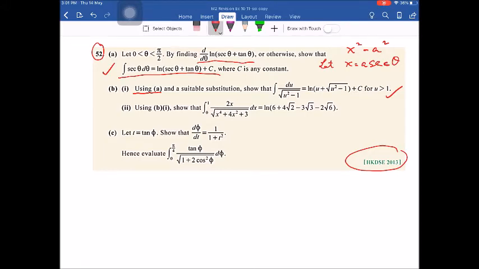B1. You see that there are numbers here, a definite integral, and this is not u squared minus 1.